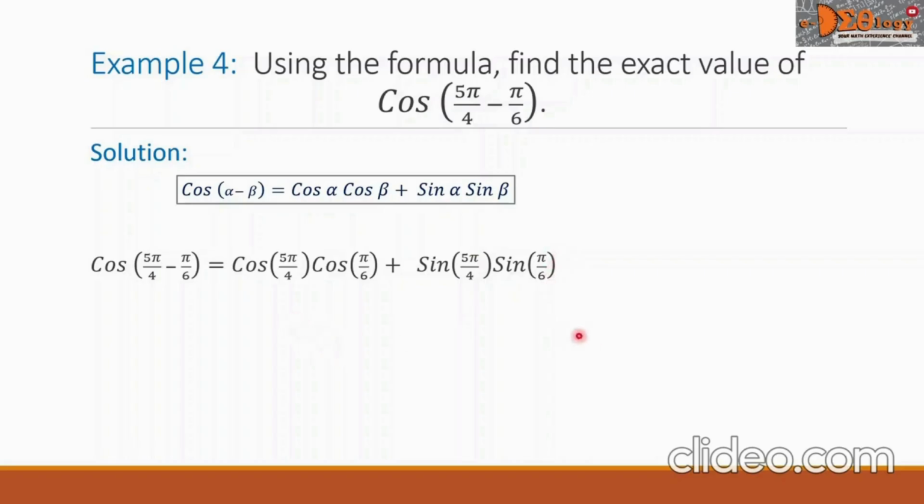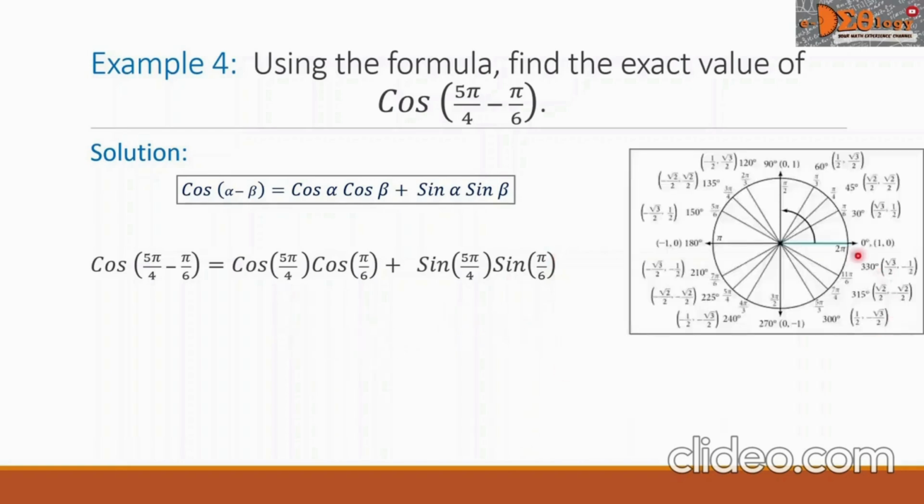Let us find the values of the cosine and sine of the angles respectively. We can show our circular chart here. Then let us locate the two angles, the 5 pi over 4 and the pi over 6, and it is here. Let us now get the values for the cosine and sine of the angles.